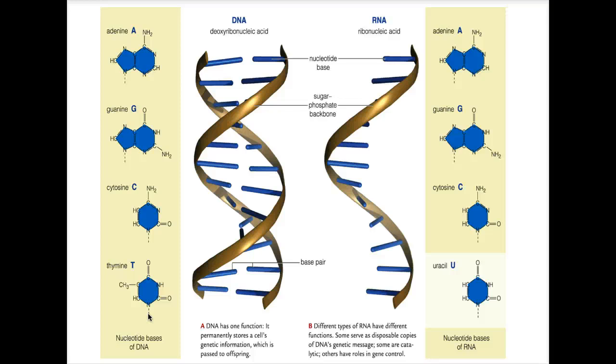So for us to express the DNA, which basically means make a protein from it, we're going to transcribe the DNA language into RNA language. And the only section of the DNA language that we're going to transcribe is the gene. So the part that we want to express in essence. That RNA that is transcribed from the DNA will then leave the nucleus and go into the cytoplasm, where it can then be translated into amino acid language, which makes a polypeptide, which is also known as a protein.